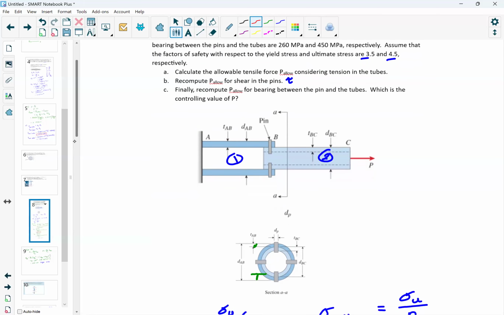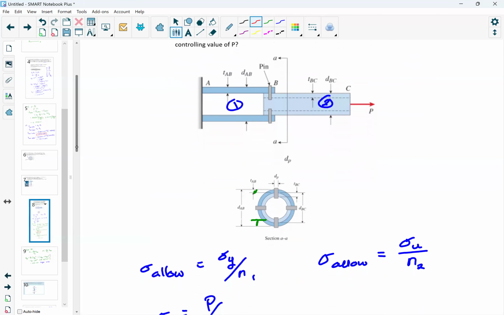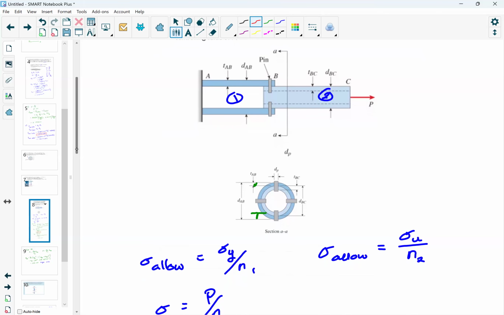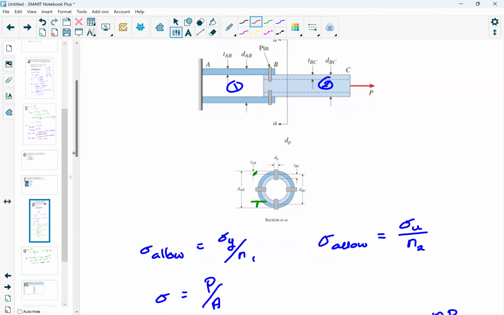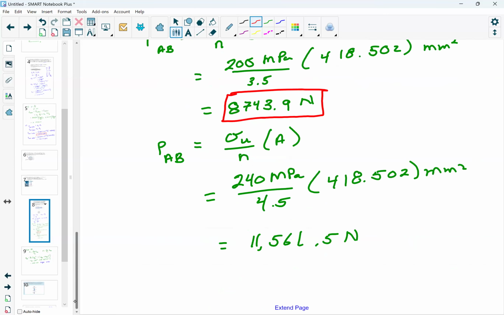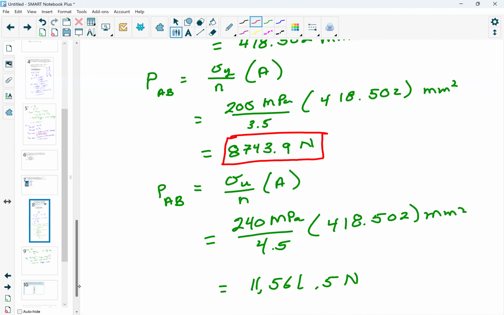Part B, we're now going to go after the pins for part B. Well, okay, even with 682, that's still bigger than the 418 number, right? So you're going to end up with a bigger force there.